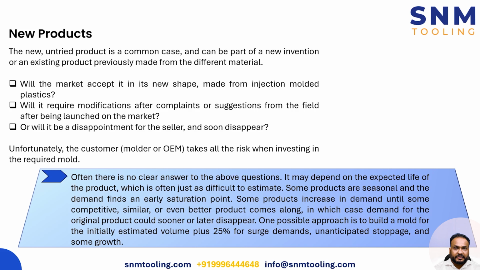And on the other hand, if we are not much risk averse and we try to take a calculated risk and ensure that the collateral damage is as little as possible, we ensure that the mold is not made with all the advanced features, not a high number of cavities, but a limited number of cavities, a smaller mold.